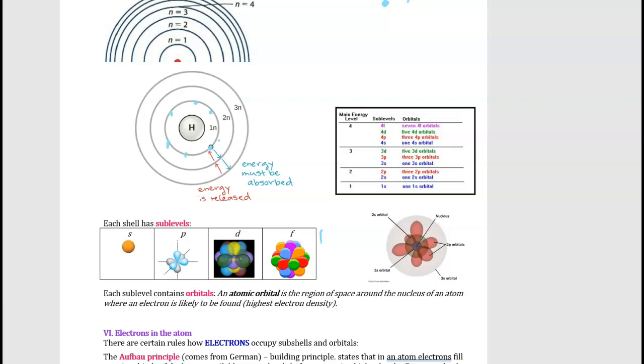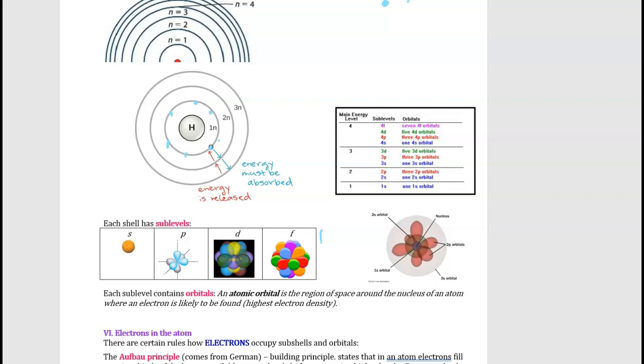Just to make it easier, if we imagine an atom as a mini apartment building, our shells would be floors, subshells would be apartments, and orbitals would be rooms. An atomic orbital is the region of space around the nucleus of an atom where an electron is likely to be found, the highest electron density.